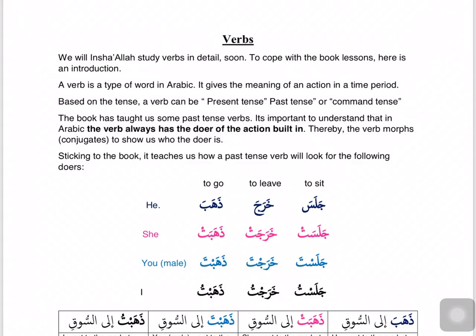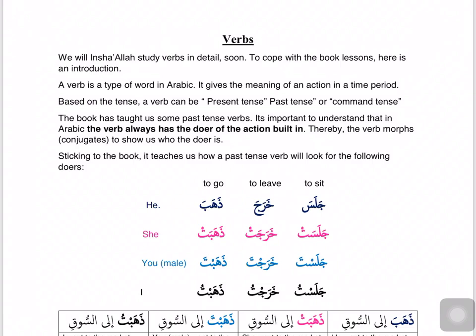Now the interesting thing about the verb in Arabic is that a fi'l always has the fa'il, the doer of the action, always inbuilt. So just by looking at the fi'l, that's all that you see, only the fi'l, you can tell who did the action.